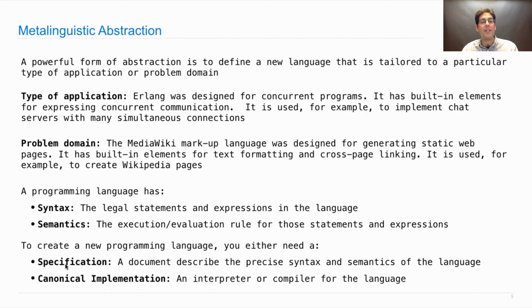Scheme is a language that started with a specification, and an implementation of the interpreter came later. Python began as a canonical implementation, and then a formal description of how it works was developed over time based on that implementation. Most programming languages that are used in practice for large communities have both a specification and an implementation.